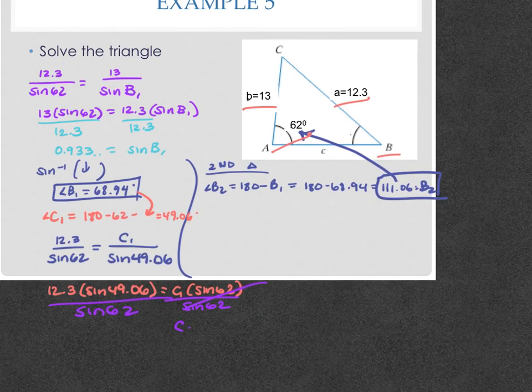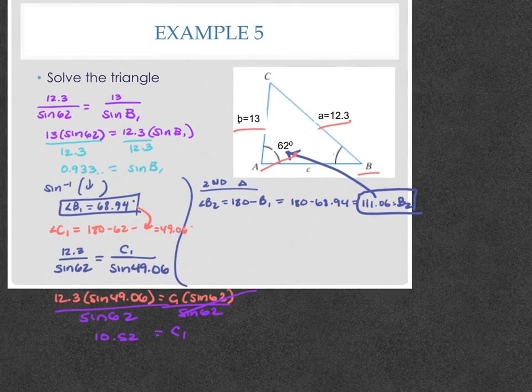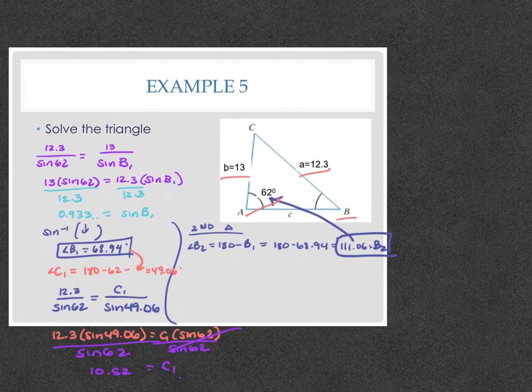And I get C1 equals 10.52. So my first triangle has all the information I already had, plus angle B1 equals 68.94, angle C1 is 49.06, and side C1, 10.52.